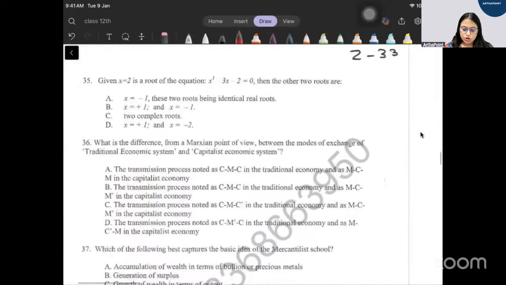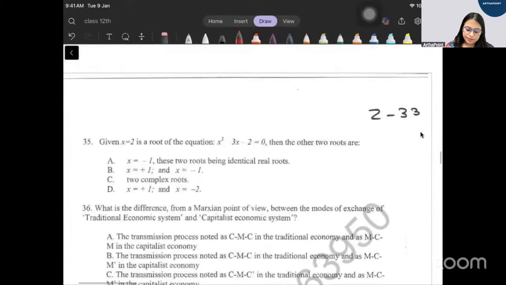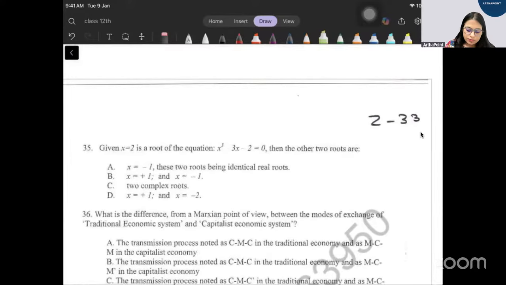Now do question number 35. Give it a try. Question number 35.